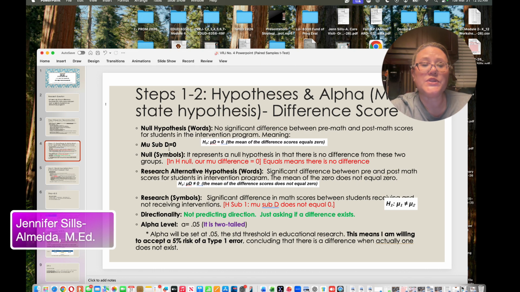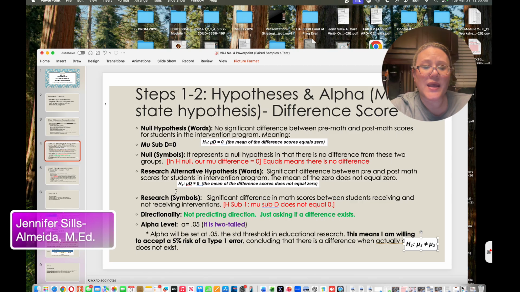But we would have to reject it in favor of the alternative if there is a significant difference between the pre and post math scores for students in an intervention program. As you can see, it would be mu for the difference does not equal 0. That is what that means there. And the research symbol, significant difference in math scores between students, would be carried over there.